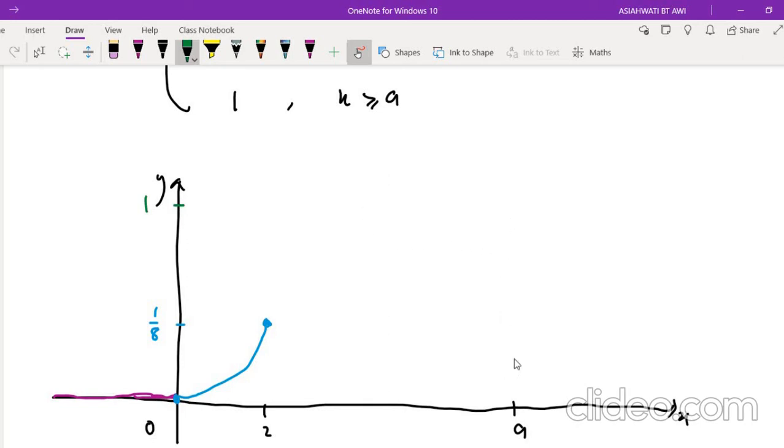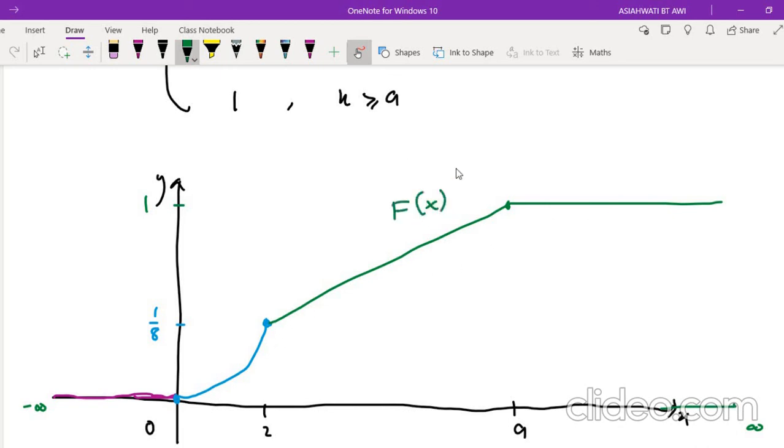Then when x is more than 9, the graph is a flat line, y equals 1. You have to show the graph from negative infinity up to infinity, and the graph is continuous. This is the graph of F(x).